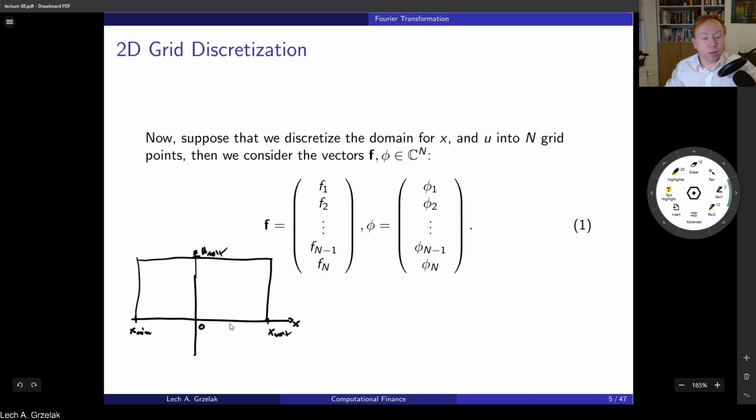If we have chosen an x for which we would like to calculate the density of x, then we need to calculate this integral, which gives us the density of x. Because we would like to do these operations at once, and get the density for multiple x's at the same time, we define this grid of u's and x's, and then we would like to recover the density values at all those grid points.